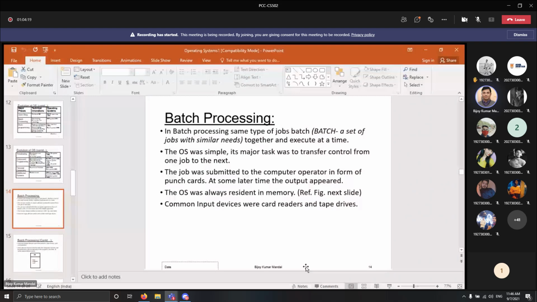Suppose I write 2 plus 3, multiplication 5 for one process. Again, I write 3 into 2 plus 5. In the first equation, I have already performed the task 2 plus 3.